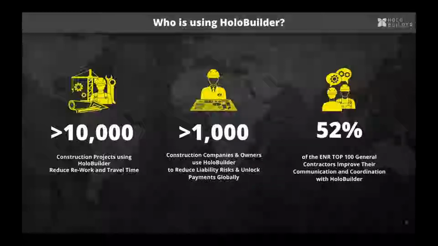We are working with 52 out of the ENR top 100 general contractors, basically being able to have tested the solution early on with these guys and now made it a really robust and stable solution that is being deployed on many projects in the US and also across the world.